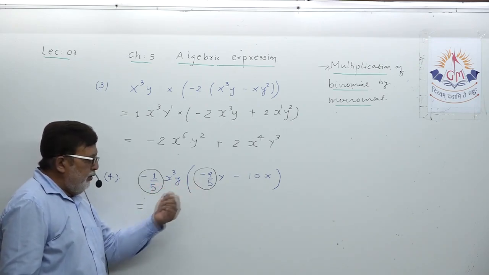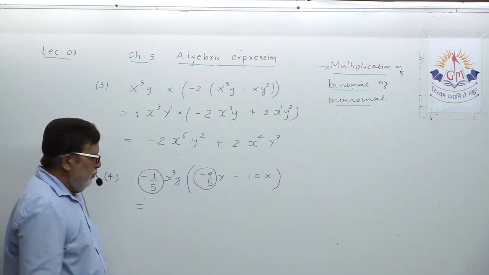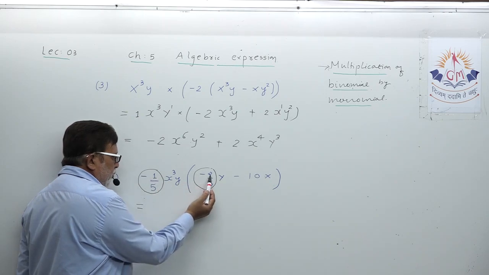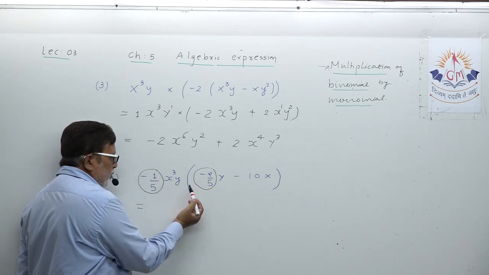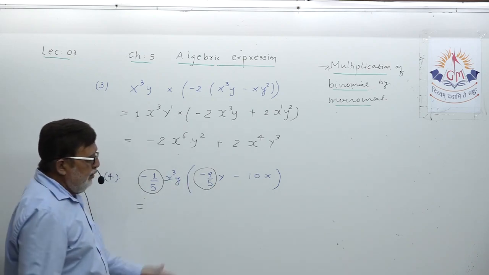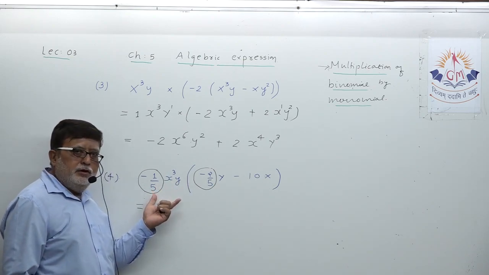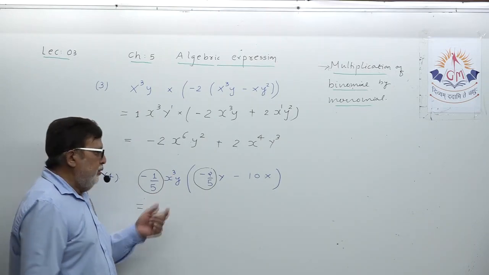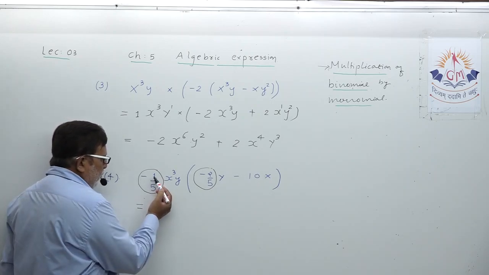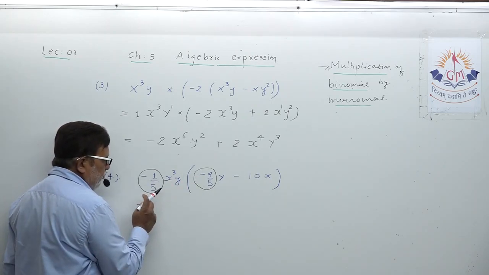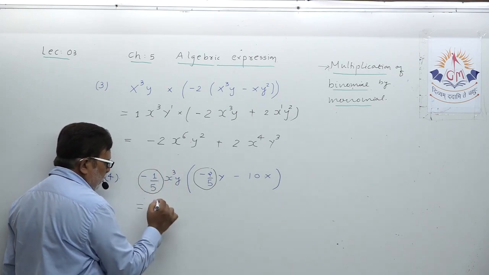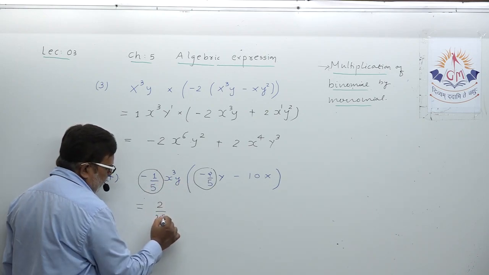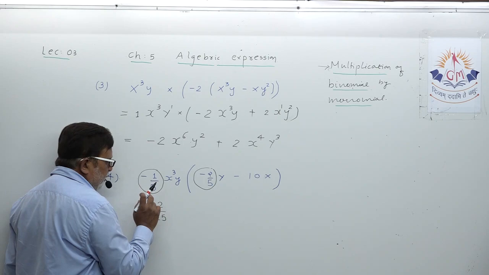Now, when you multiply these numbers, numerator to numerator, denominator to denominator, you can also solve it roughly, dear students. If you require some rough work, it is your choice. Minus minus plus, 1 into 2, that is 2, upon 5 into 5, 25.